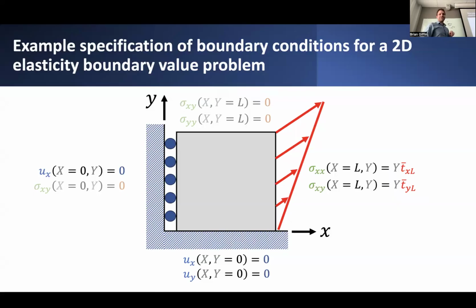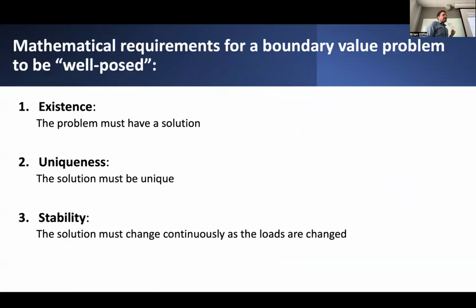All right. So that's a simple example of a boundary value problem. Now, one interesting aspect of boundary value problems is that mathematicians like to overanalyze things, and they love to come up with these definitions. But in this case, I think the mathematicians were onto something, because they came up with these definitions of what constitutes a so-called well-posed boundary value problem.